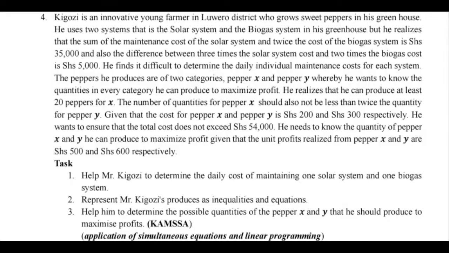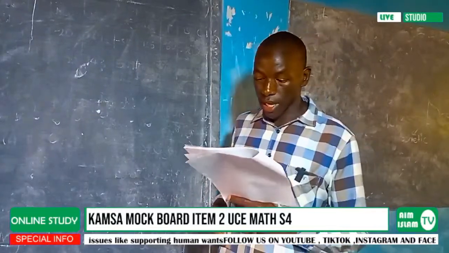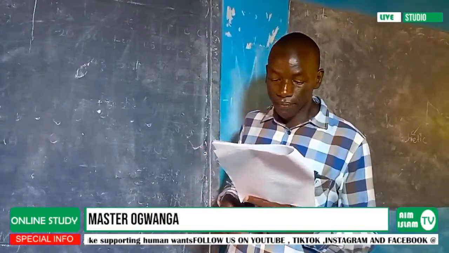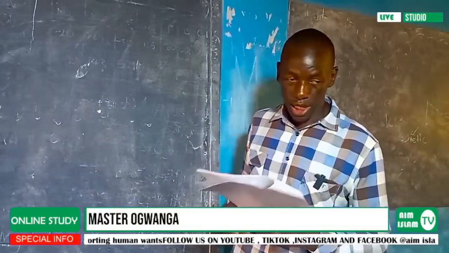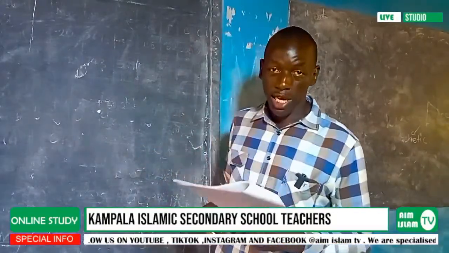I will start by answering part 1. In part 1, they are talking about the biogas system and the solar system. This is a simultaneous equation, so I am going to look at it in the form of a simultaneous equation.